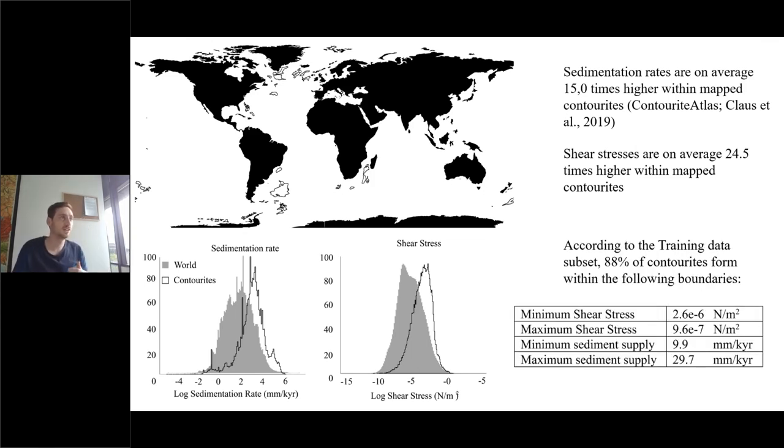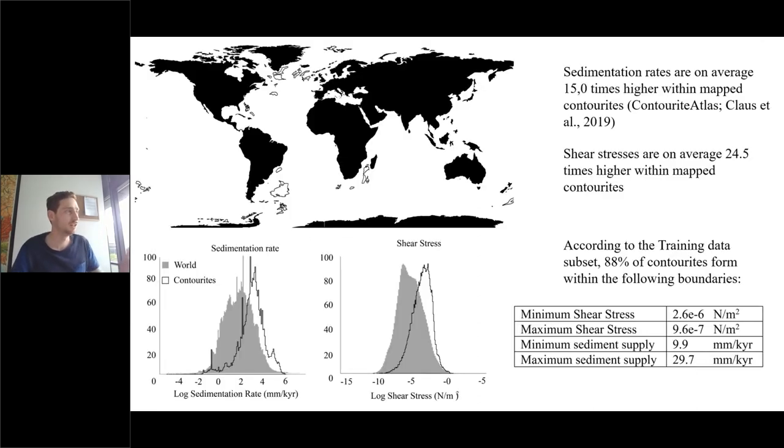Now, using the previously explained data training method, you can figure out the boundaries that are most representative, most associated with the formation of these contourites. And once you know those boundaries, you can separate the world into zones that are likely to form contourites, unlikely to form contourites, and likely to form erosion, right?